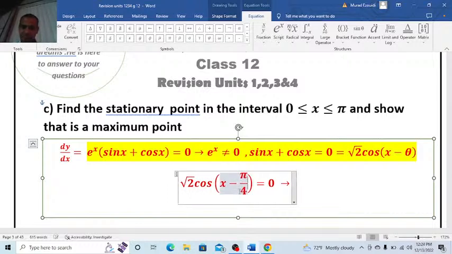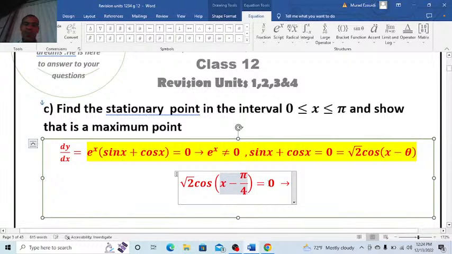Now equal to 0 means what? Cosine of x minus pi over 4 is equal to 0.